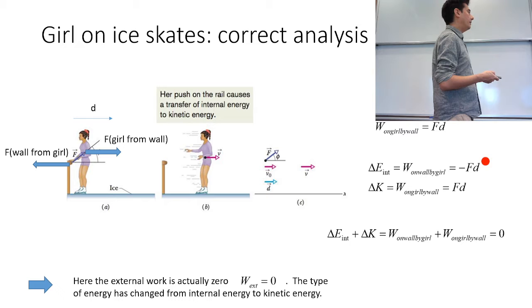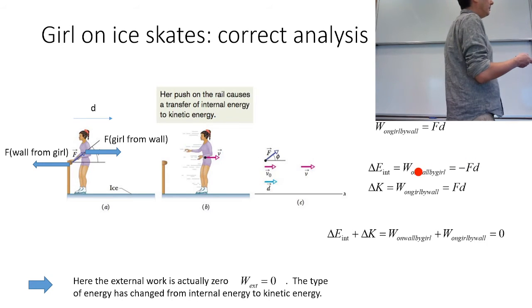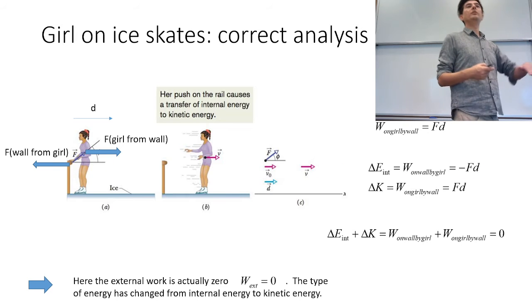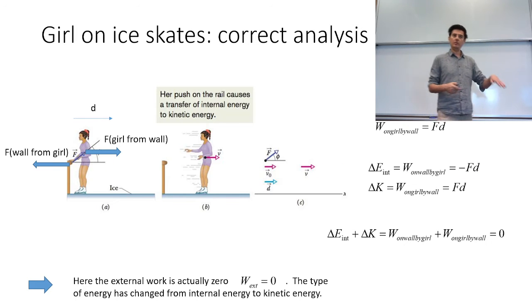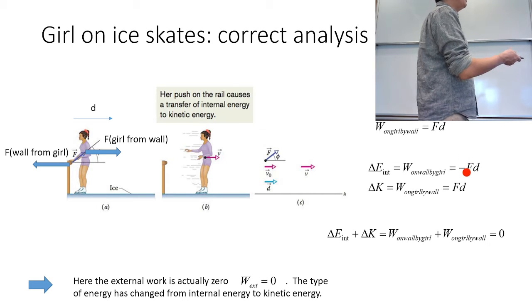But what we didn't take into account on the previous slide is that this force provided by the girl is actually going to reduce the internal energy of her system, or her body, by minus Fd.